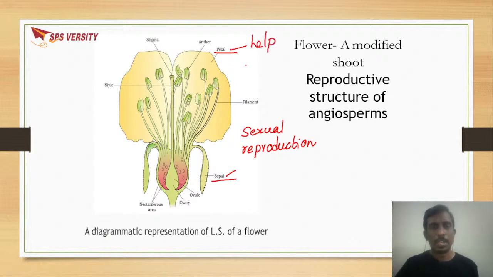They are not directly involved in reproduction. So that's why they are called non-essential parts of the flower.